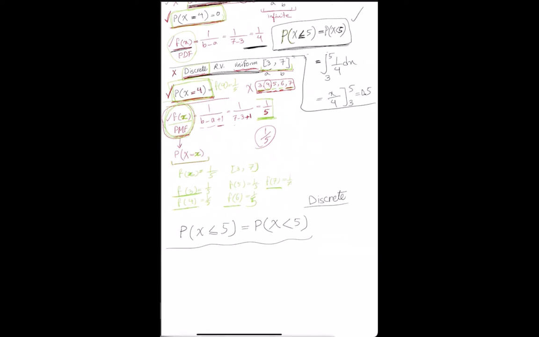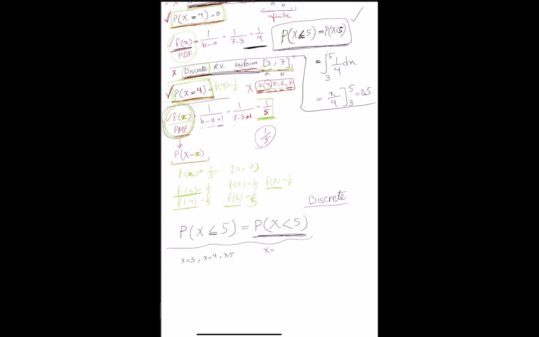So when I say probability of x less than or equal to 5, what are the values I'm considering? Probability of x equals 3, 4 and 5. But how about probability of x less than 5? What are the values that I'm considering in that scenario?